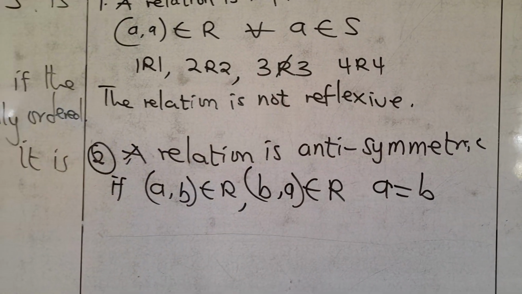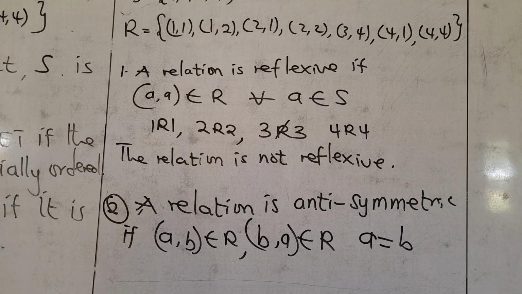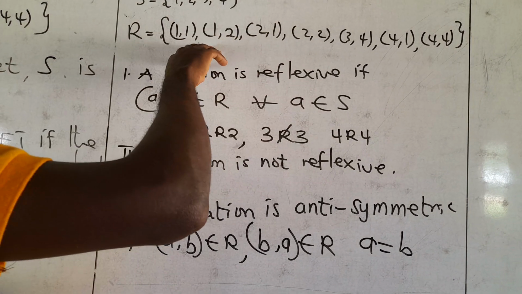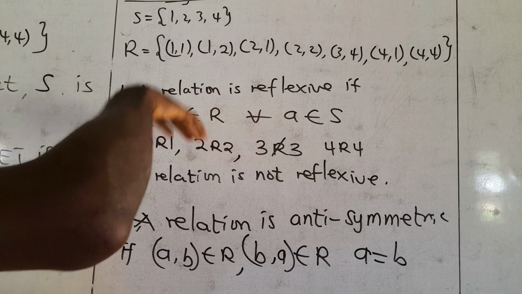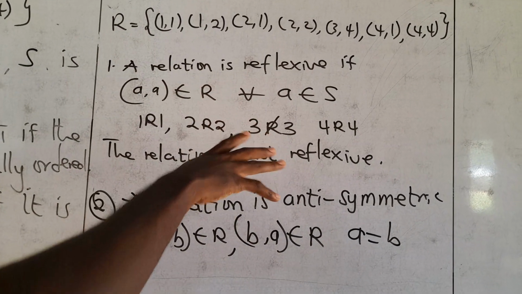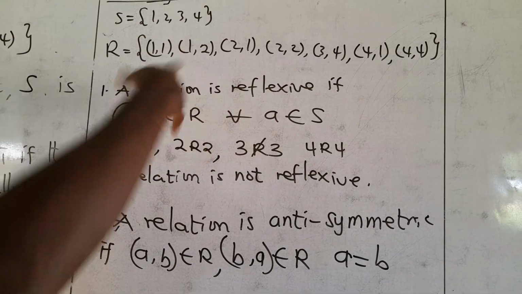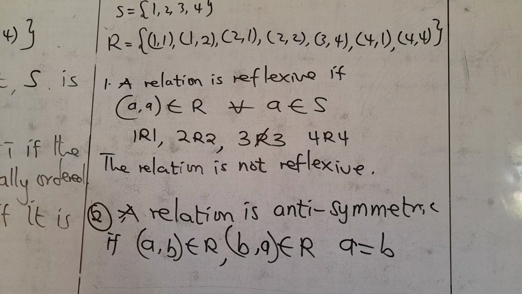If a is not equal to b, then it is not antisymmetric. So let's find out. We'll flip all the members of this relation. When we flip it and it is a member, they must be equal. If when we flip and it is a member and they are not equal, then it ceases to be antisymmetric.